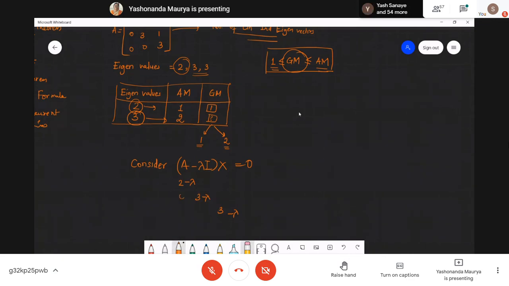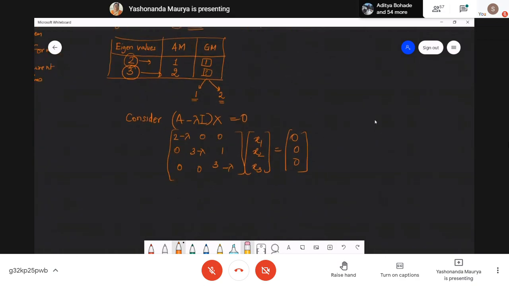Okay, this is 0, 0, 0, here it is 1, 0, 0. Okay, this multiplied by x1, x2, x3 equal to 0, 0, 0. Barabar? Now we want to find the eigenvectors for lambda equal to 3. Okay, so we will put lambda equal to 3.